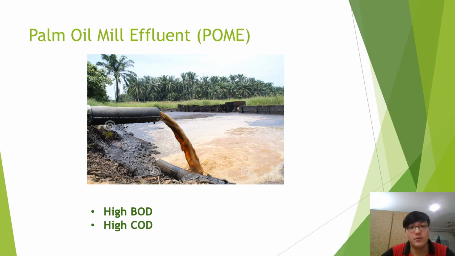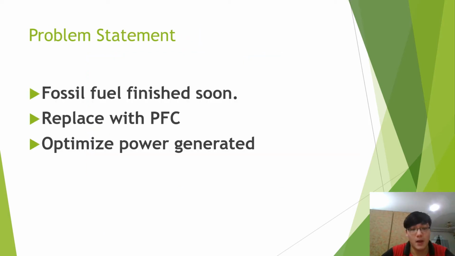The organic pollutant chosen is polymer, as it is one of the biggest wastes in Malaysia. Polymer is very difficult to treat because it has very high BOD and COD values. The problem faced nowadays is that fossil fuel, the main energy resource, will be finished very soon.